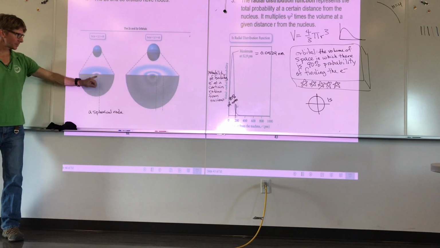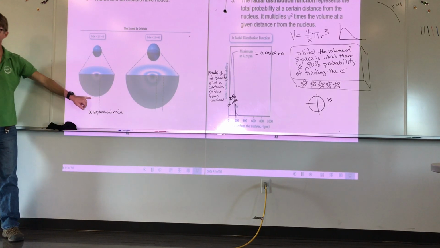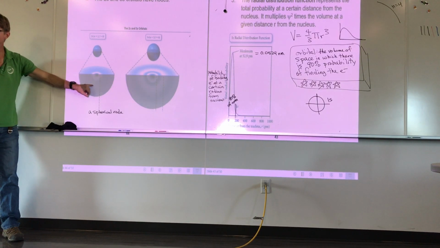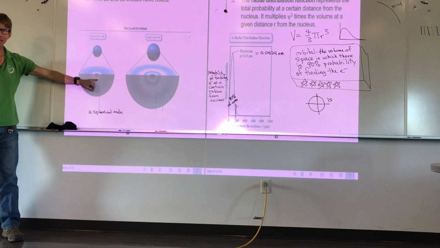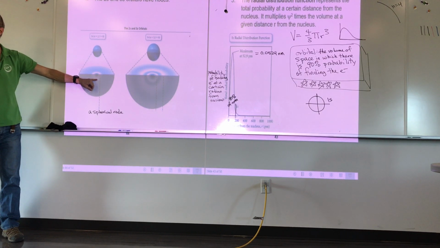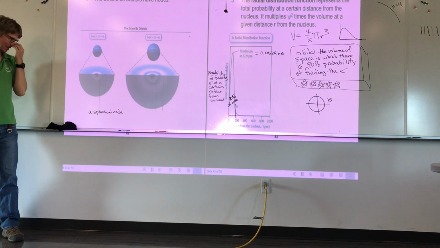This node in 2s, notice how big it is, by the way. We said it's like 4 times as big. It's big. It is approximately where the 1s electrons are. Electrons repel each other. Why not put the 2s electrons mostly where the 1s electrons aren't? And it's a little more complicated than that.